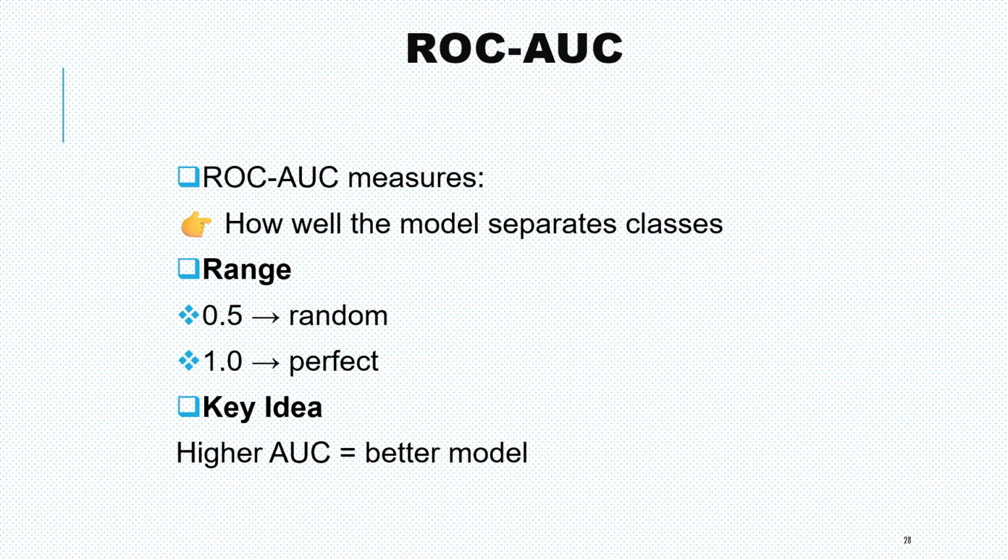And there is also another metric called ROC AUC. ROC simply means receiver operating characteristics. AUC means area under the curve, nothing more.